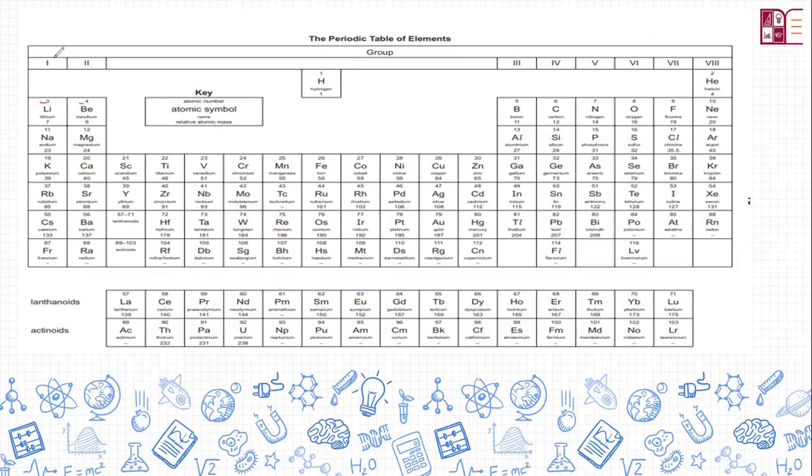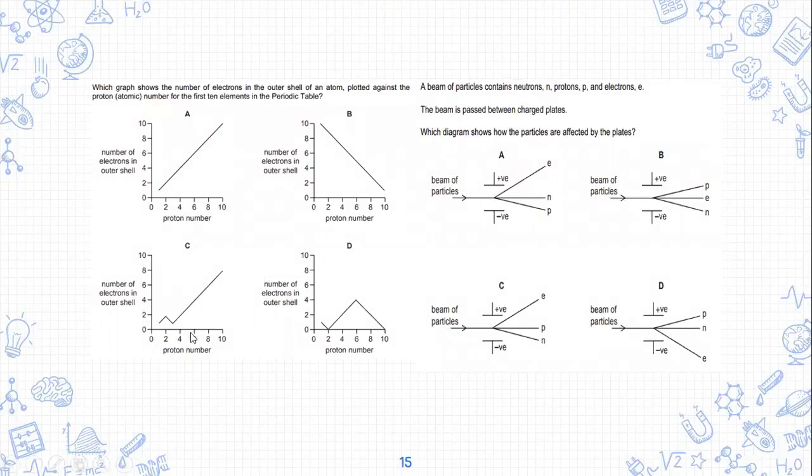That means the valence electrons, the outer electrons in the outer shell, are 1 electron. I'm going to show it to you in my next slide. So with proton number 3, the outer shell electrons are 1. This option is going to be the correct one.